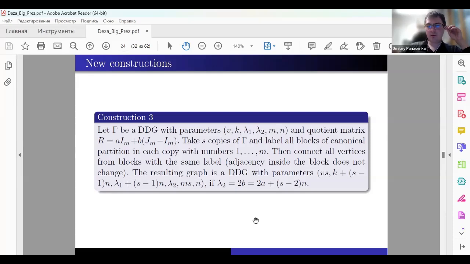Then connect all vertices from blocks with the same label. We do not change adjacency inside the block. And we have divisible design graphs again if we have this beautiful equality: lambda 2 equals b equals a plus (s minus 2) multiplied by n.